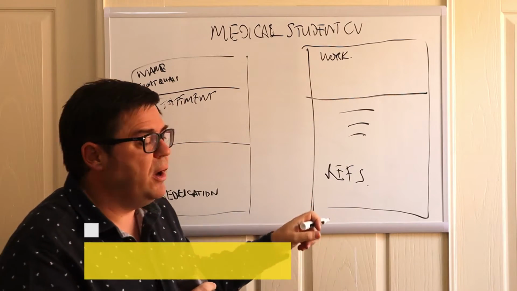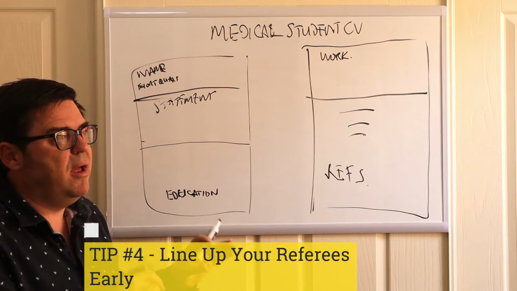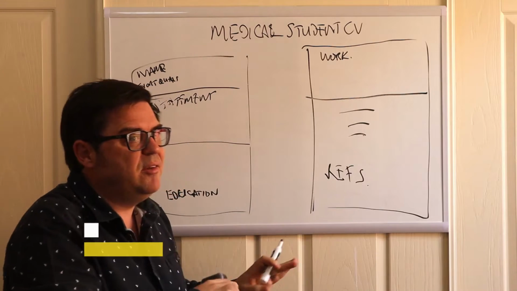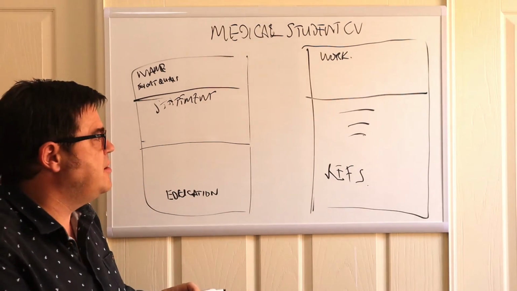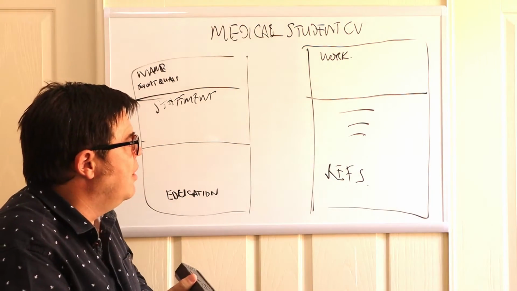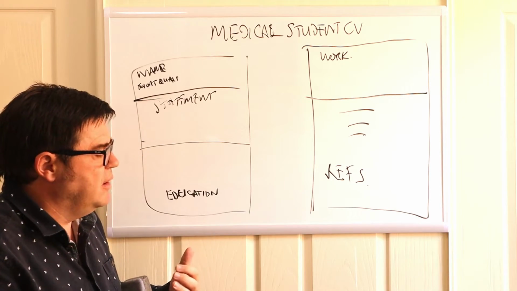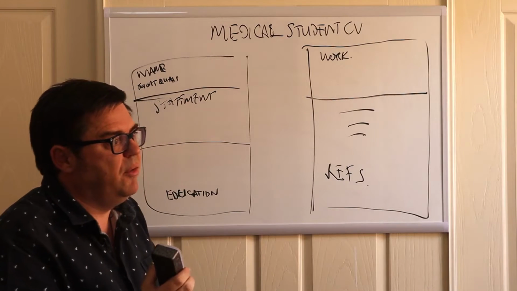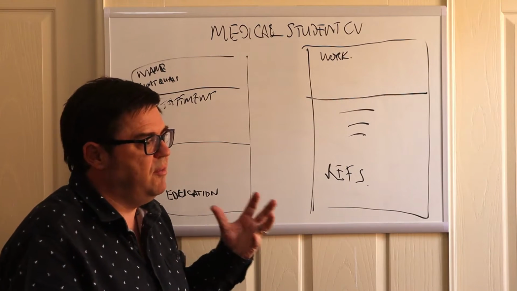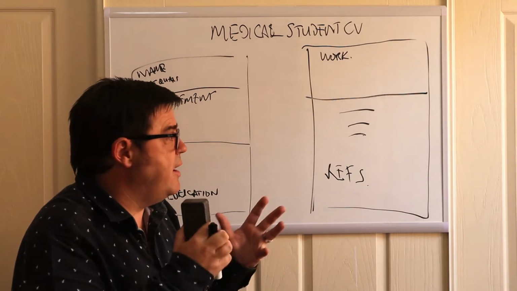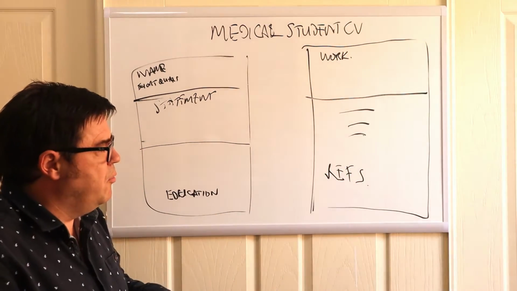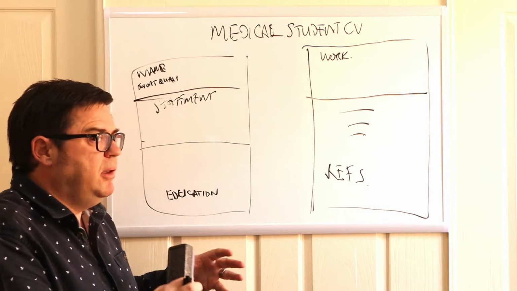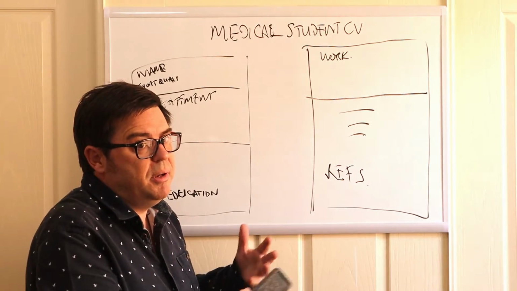Now tip number 4 is you will be required to have referees, and so my tip here is to not leave it too late to ask people to be referees for you. Often I find medical students are suddenly realising they have to put in a CV, and they realise they haven't got any referees, and they feel a little bit lost because they don't know who to ask, or they haven't asked people. So rather than in your final year, think about maybe in your penultimate year starting to approach people that you work with.